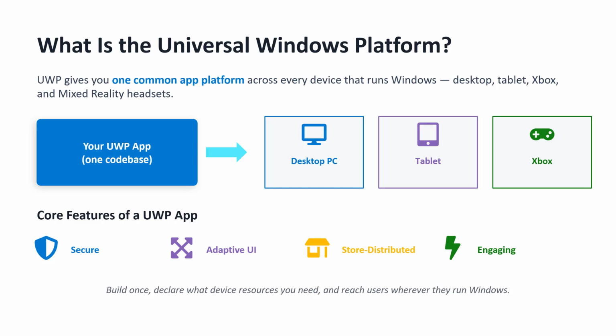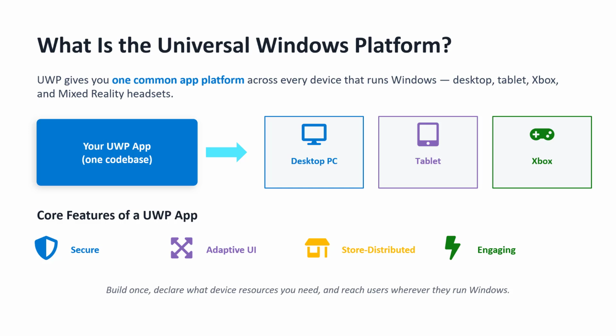The Universal Windows Platform, or UWP, gives you one common app platform that runs across every device powered by Windows. So we have a single UWP codebase that can run on a desktop PC, a tablet, and an Xbox without you needing to write separate versions for each.